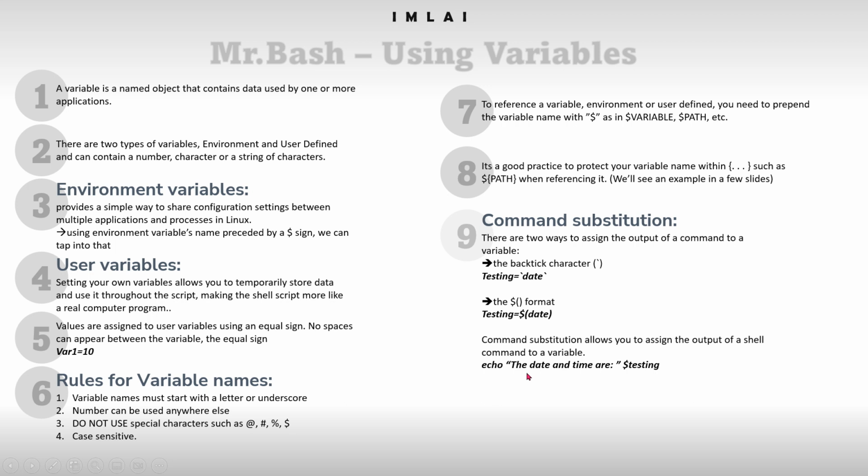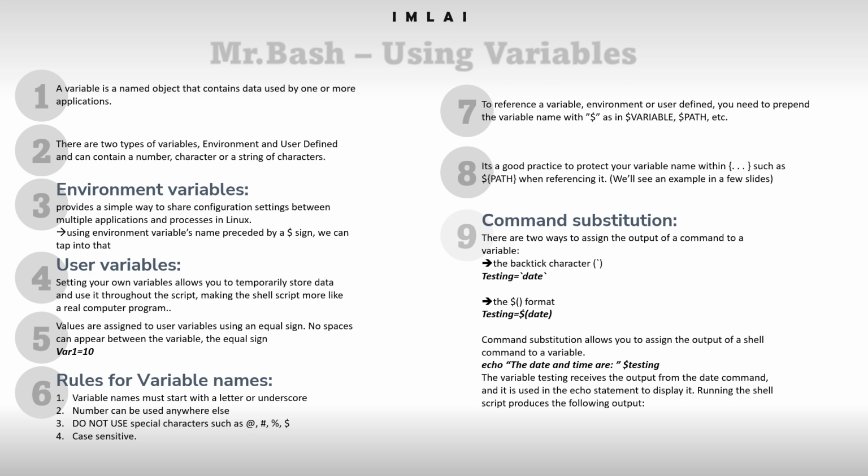For example, echo the date and time, or instead of directly putting it, you can directly use dollar testing. And what is the output you get? The testing output is a date. So the variable testing here receives the output from the date command and is used in the echo statement to display it.